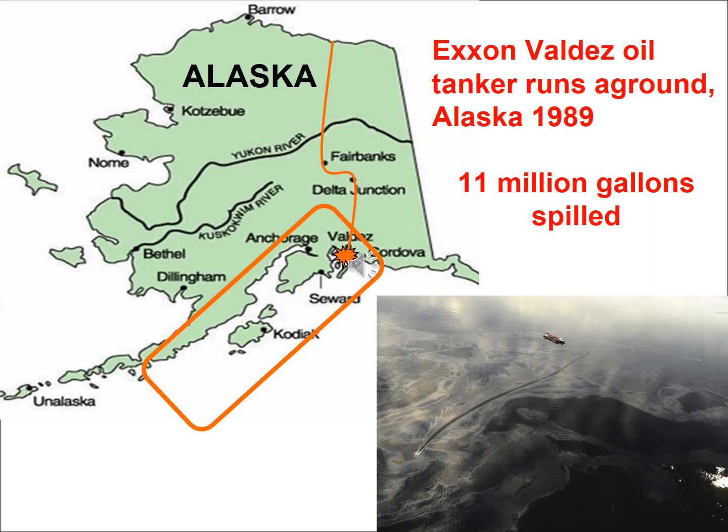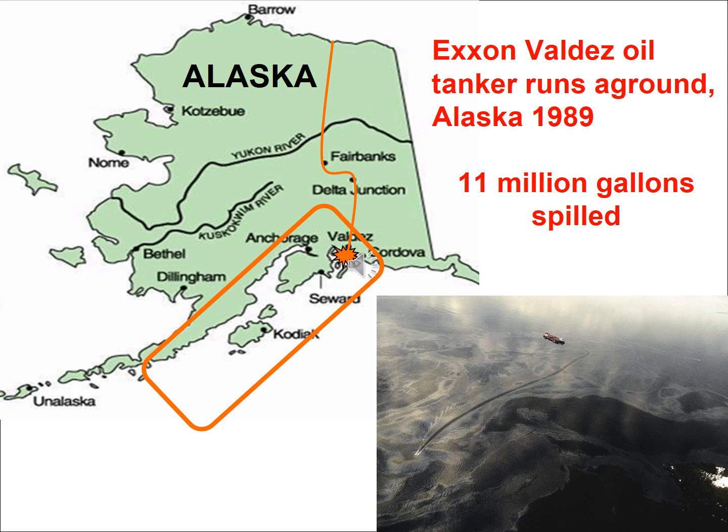Another major oil spill that caused massive fossil fuel pollution in the marine environment was when the Exxon Valdez oil tanker ran aground in Alaska, near the town of Valdez, in 1989. 11 million gallons were spilled. It spread very far, 12,000 miles, and about 3,200 miles of coastline was oiled, equivalent to the entire west coast of America.